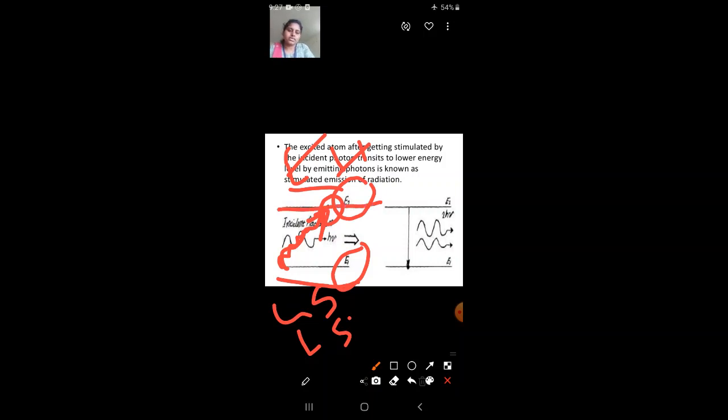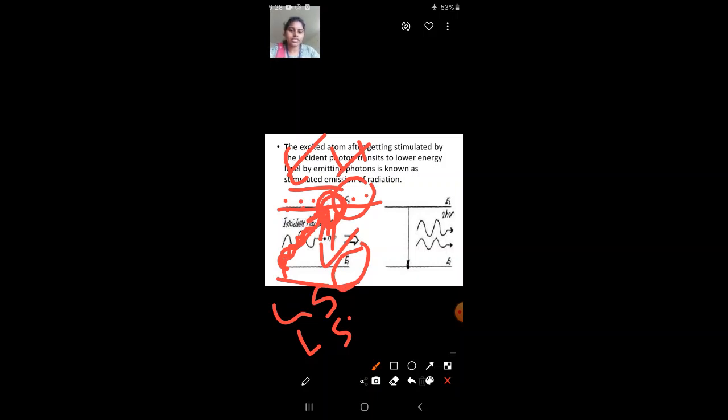This excited state has a number of particles because they have a longer lifetime there. Usually the particle loses its energy over the lifetime and jumps into the ground state.